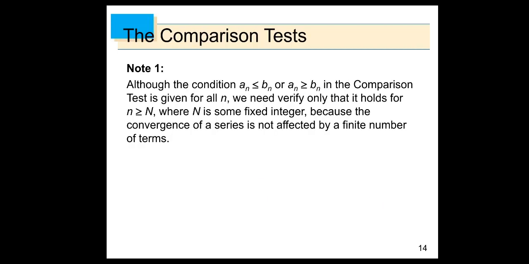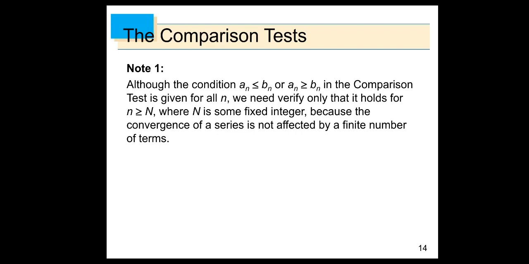All right, we have a note 1 over here, which is: although the condition a_n less than or equal to b_n, or a_n greater than or equal to b_n, in the comparison test is given for all n, we need to verify only that it holds for n greater than or equal to capital N, where capital N is some fixed integer, because convergence of a series is not affected by a finite number of terms.